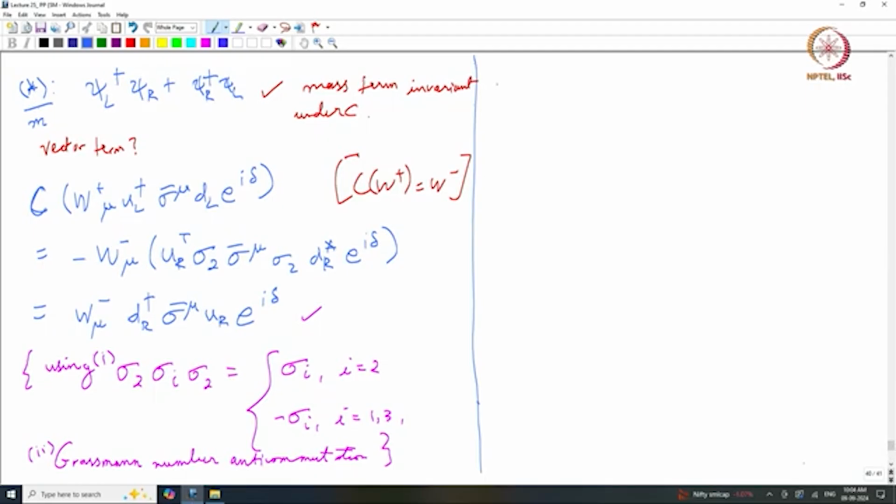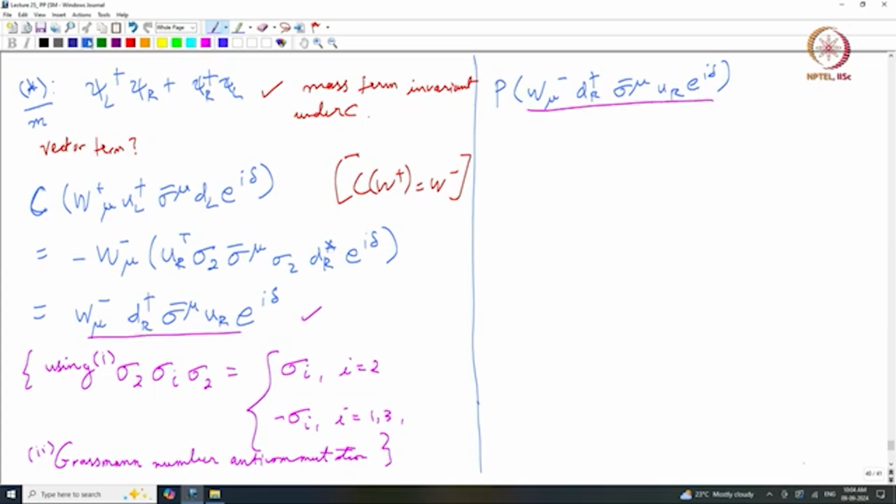Okay, so I take the W minus DR dagger sigma bar mu UR e power I delta. Okay, that is literally this. Okay, so I am going to underline this for you. So this is literally this.